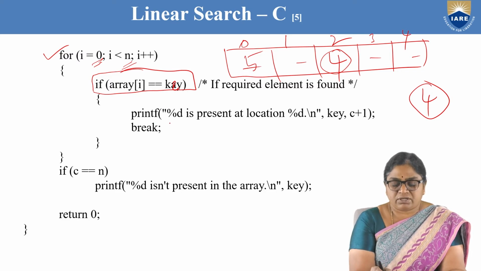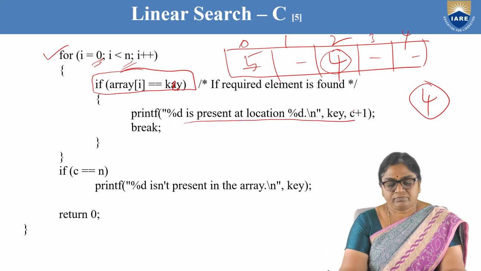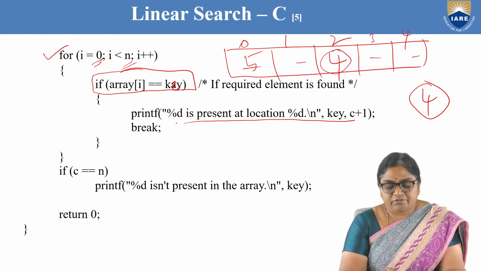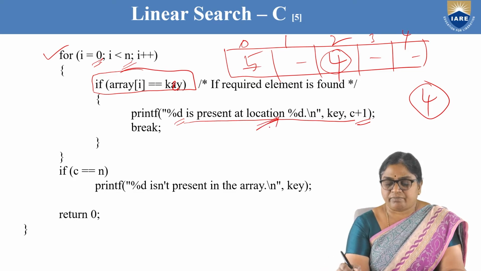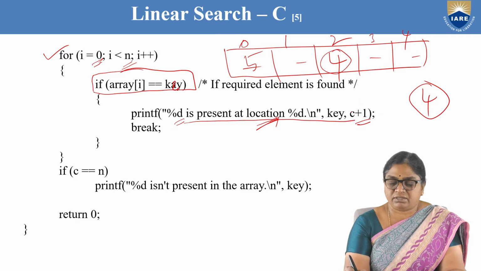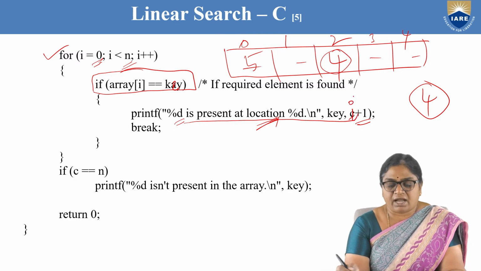So here what we are trying to do? We are trying to display the location. So printf percentage, that is nothing but a placeholder for the key element. 4 is present at location I plus 1. So when I say at location, then index plus 1. Here it is not C, it is I. I plus 1.